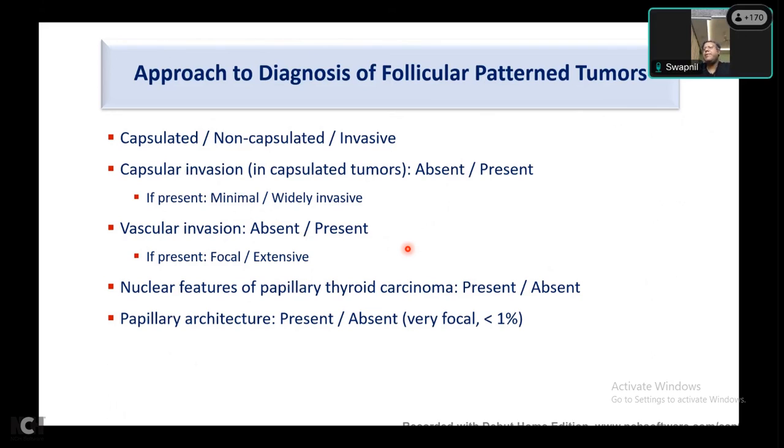By definition, the papillary architecture should never be more than 1% of the entire tumor when you want to call it follicular variant of PTC. The very reason is that a tumor with more than that amount of papillary features is more likely to be a classical PTC rather than something closer to a follicular neoplasm.